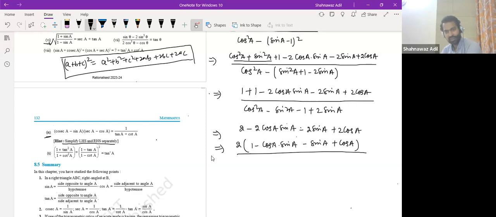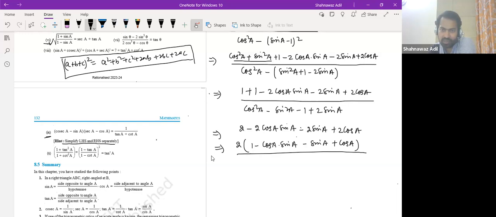Sir, cos A square minus sin square A. Yeah, cos square A minus sin square A. No, sir, it should be plus. For 1, it's minus. You see in the denominator we have, except the first term, all the terms are minus.